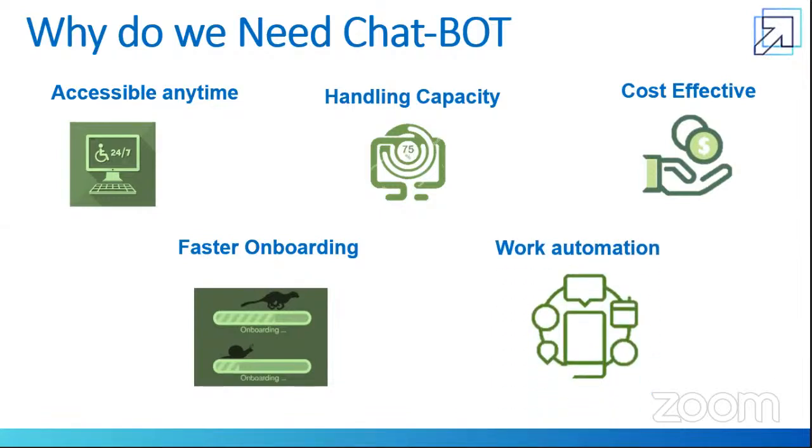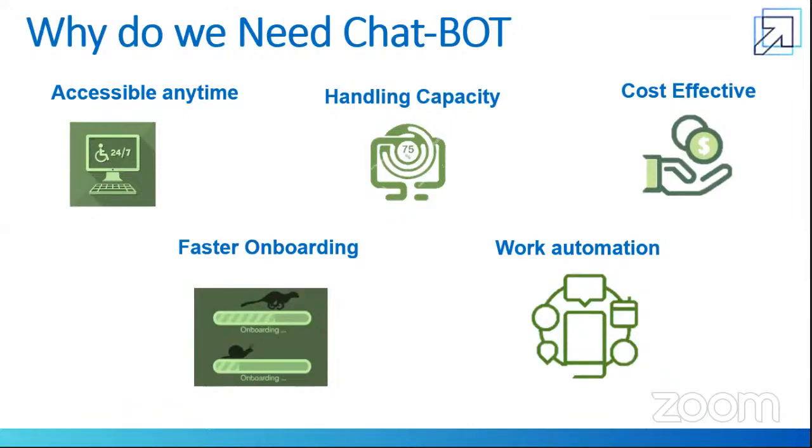And the other one is work automation. We humans tend to be less productive when we are given a recurrent job, so we get bored doing the same thing over and over, right? But chatbots can now automate such tasks which are to be done frequently at the right time, right? So these are the main uses of a chatbot.